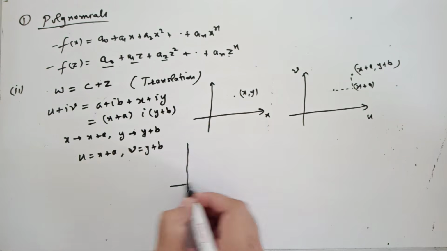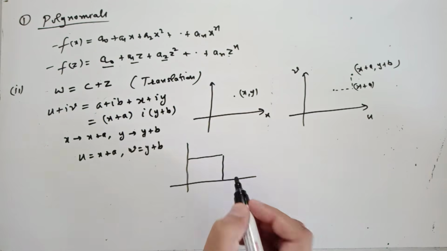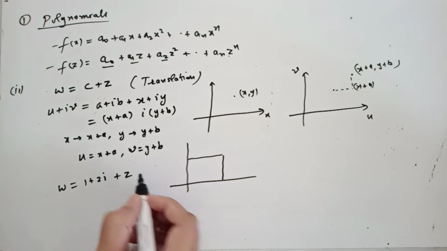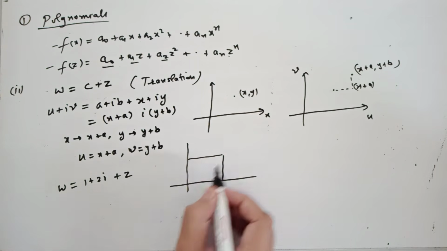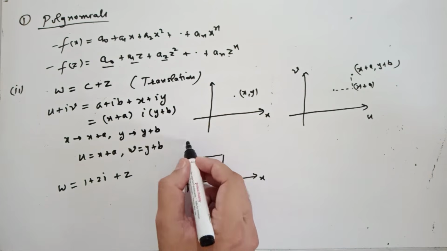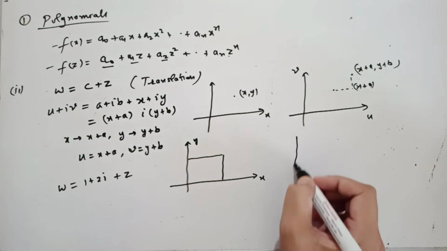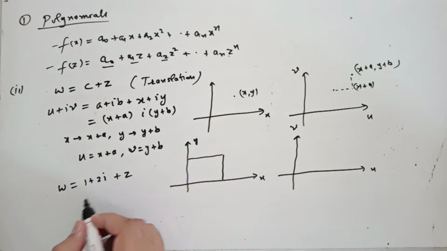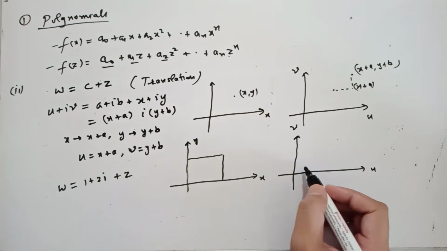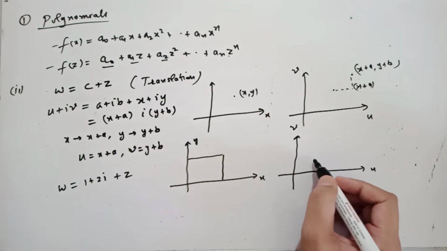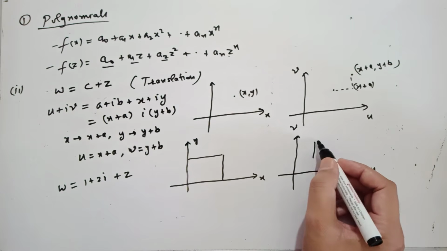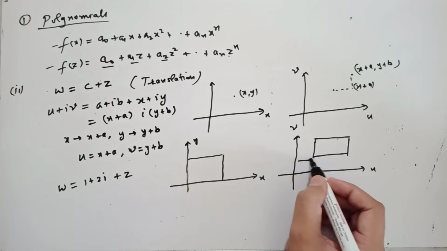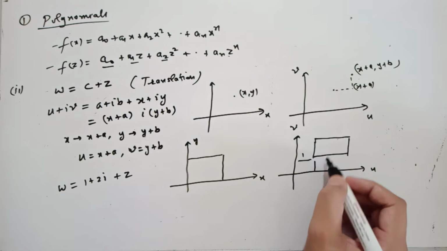So say you have a rectangle here and the mapping is 1 plus 2 iota plus z. So under this mapping, what happens to this rectangle? This is the xy plane. In the UV plane, this rectangle is shifted one unit distance along the x direction, and 2 units distance along the y direction.